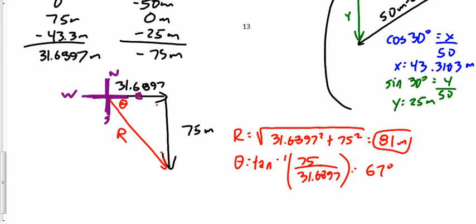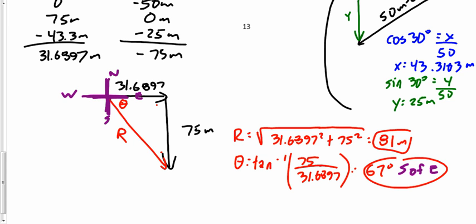Yes, it's measured from the east. Do you see that? Measured from the east. But it's not just east. It's from the east, but we're going south from the east, right? It's south and east, but it's measured south from the east. So we're going to say that this is 67 degrees south of east. South from east or south of east.